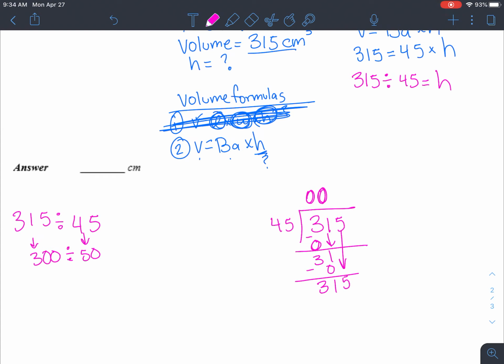And now I can kind of count by 50s to make my estimates. So 50, 100, 150, 200, 250, 300. I estimate that 45 can go into 315 about 6 times. Let's see if that's true.